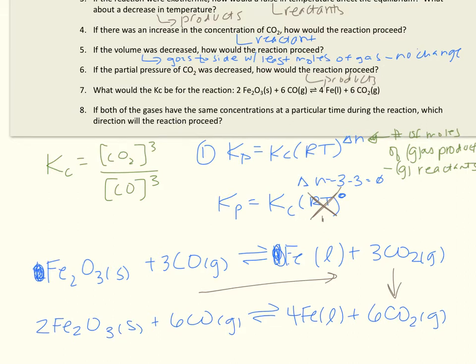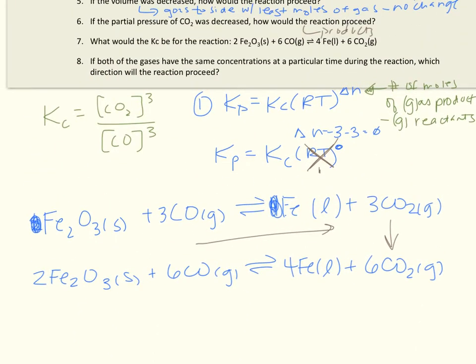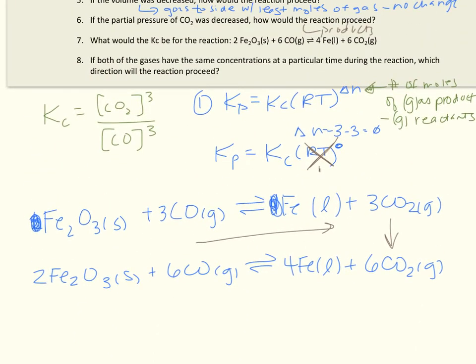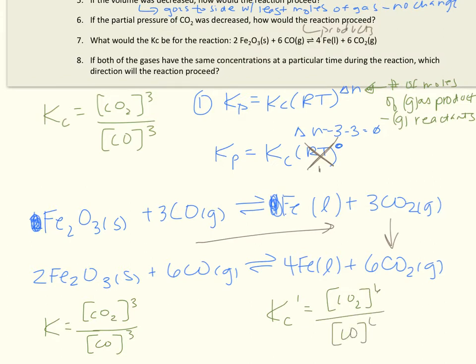So I'm going to rewrite the Kc for the original reaction. And we had K is equal to the concentration of CO2 cubed divided by the concentration of CO cubed. In this one, and I'm going to make this Kc prime, we've got the concentration of CO2 to the 6th over the concentration of carbon monoxide to the 6th.